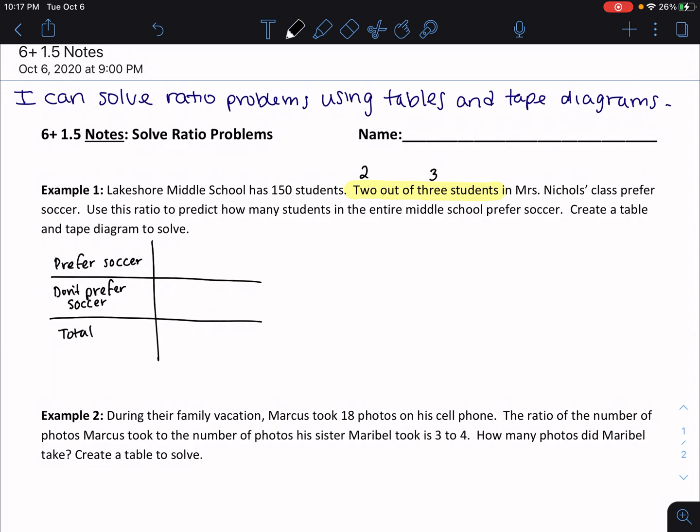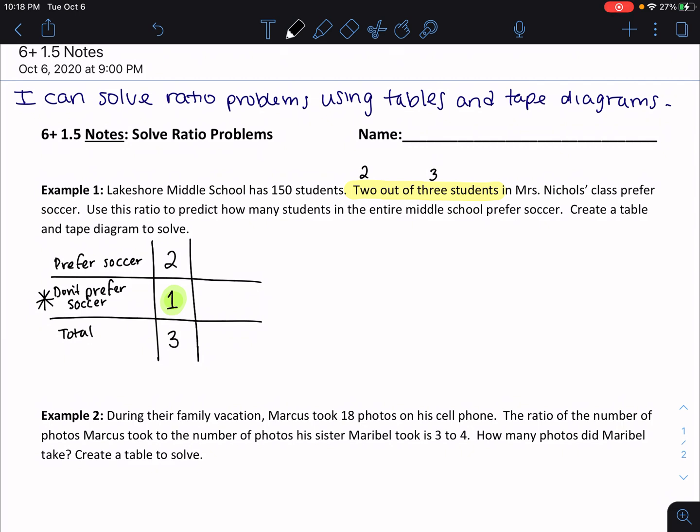So this middle column is information that you are not given, but you have to know. So if I've got 2 students that prefer soccer out of 3 total students, there is 1 student that doesn't prefer soccer.